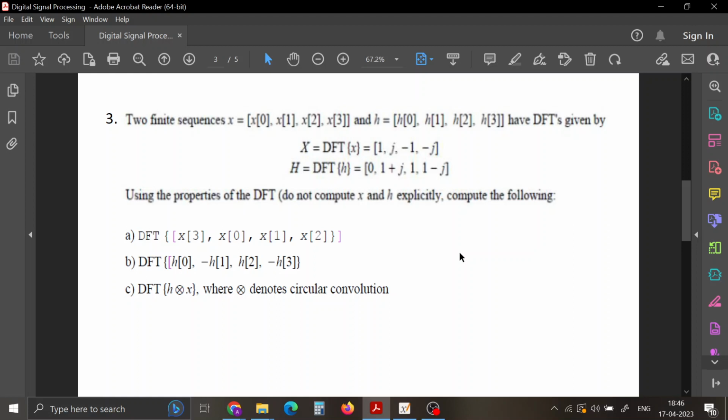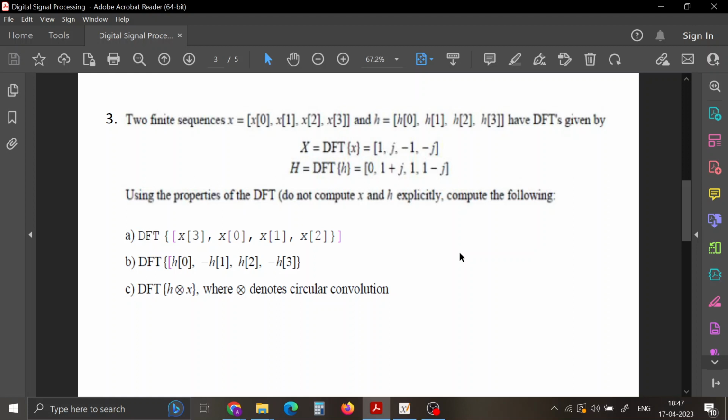Now given this information, we need to use the properties of the DFT to compute the following given in parts A, B and C. It is mentioned that we should not compute x and h explicitly. There's no need of finding the inverse DFT in order to compute the time domain sequences. Using just properties of the DFT itself, you need to compute the following.